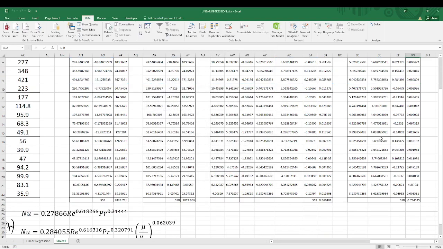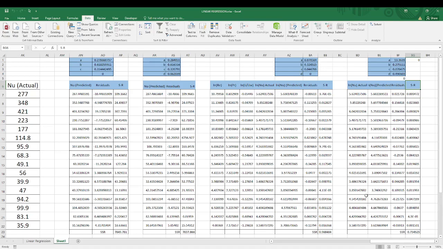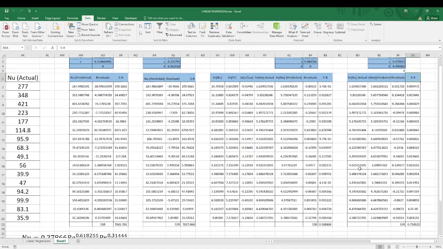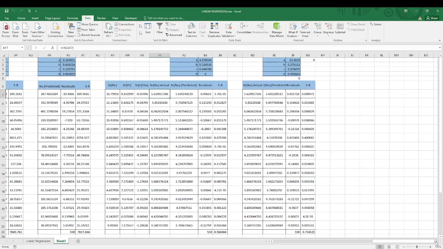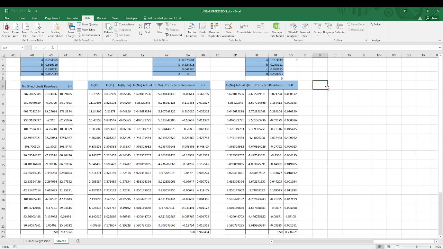Okay. So natay ln Nu. So para makuha balik ang Nu, para ma-compare na nato, i-exponential na lang nato.